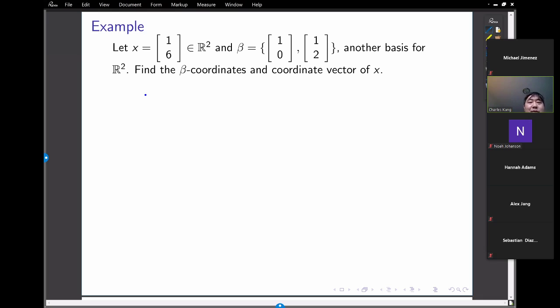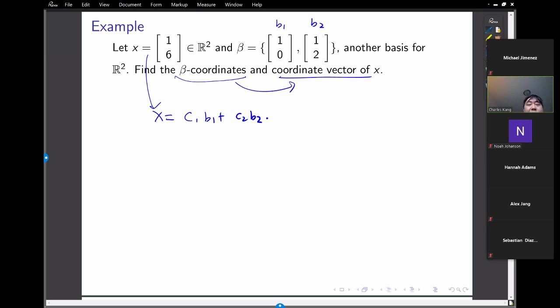What do we do? So x is 1, 6. To find the coordinate vector, what we need to do is find these weights. If you find this, then the rest is automatic. You can just write it in vector form. So given 1, 6, which is my x, and calling the basis vectors B1, B2, I want to find c1 B1 plus c2 B2.